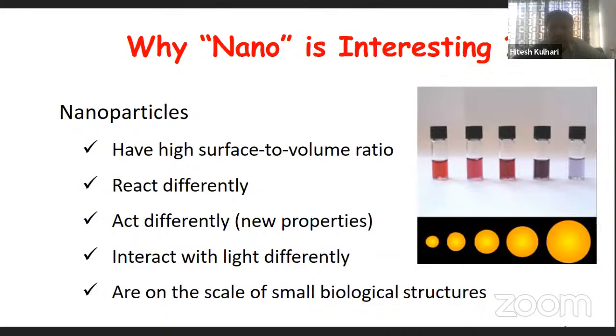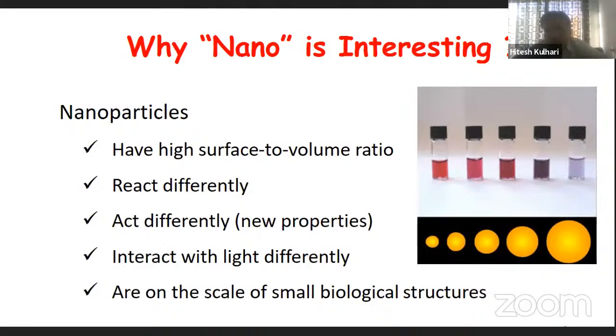As we know, instead of sugar cubes, if we take sugar powder, it dissolves faster. Why? Because it has a high surface area. And in nanoparticles, because of their small size, they have a high surface-to-volume ratio.